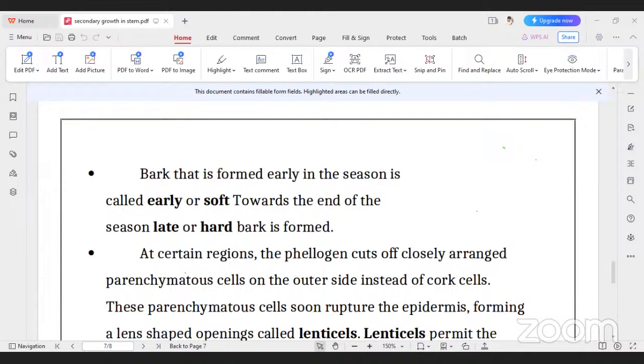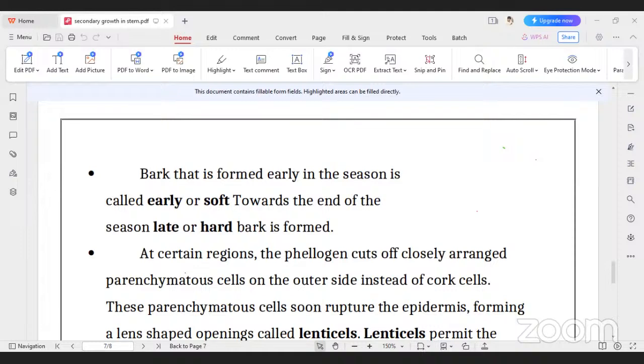Whenever you try in the guava tree or eucalyptus tree, can you peel off the bark in both plants? No. What happened in the guava tree? The bark is very thin, like paper. It easily peels off like layers, but not rings. So that is called scale bark.